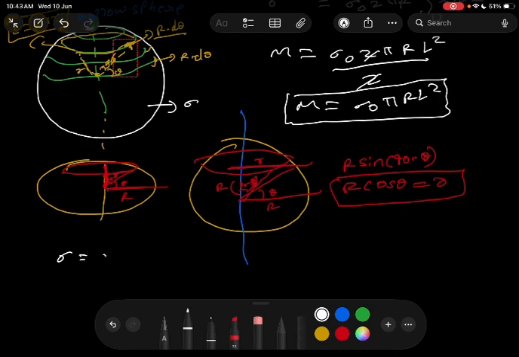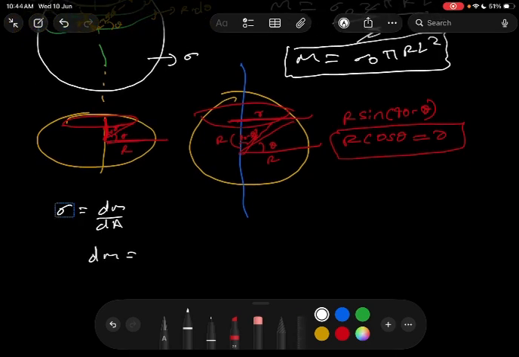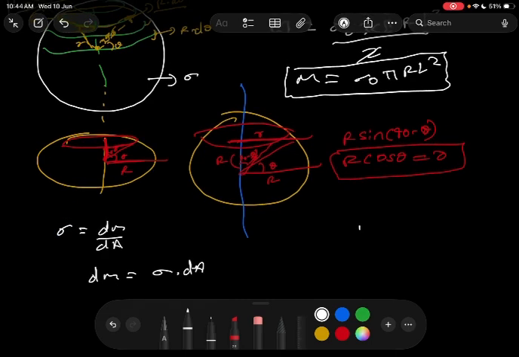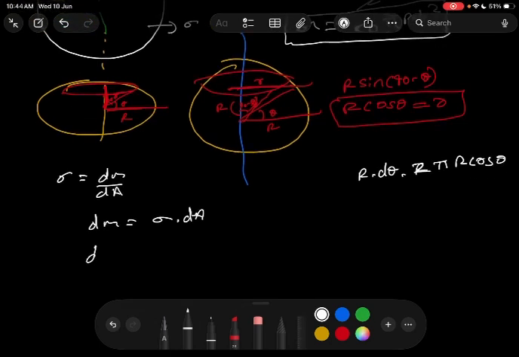So sigma equal to dm by dA, dm equal to sigma into dA, and we got that the thickness is r into d theta, and the length is 2 pi r, and r is r cos theta, which is 2 pi r cos theta. Yeah, my problem is solved. So dm is sigma dA, 2 pi r square into cos theta into d theta.